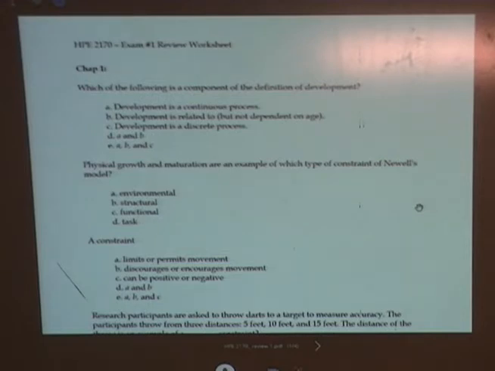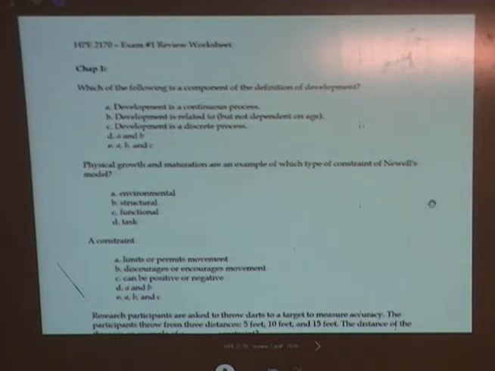All right. Physical growth and maturation are an example of which type of constraint on Newell's model, on our triangle? So we just did this. Kayla. Yes, ma'am. I'm trying to think here. Can you repeat the question just one more time? I'm still having a little bit of trouble seeing on the screen. Sure. If your Wi-Fi is not very strong, you probably don't have a clear picture.